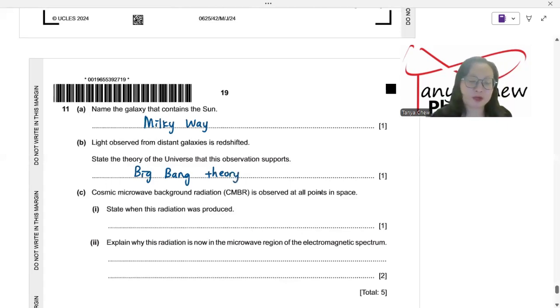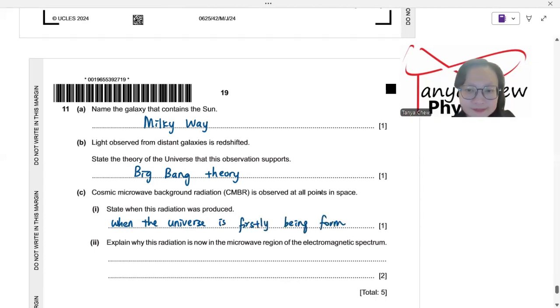Now, C, cosmic microwave background radiation, CMBR, is observed at all points in space. State when this radiation was produced. This radiation was produced quite some time ago, actually. So it is when the universe, not exact time, was firstly being formed.